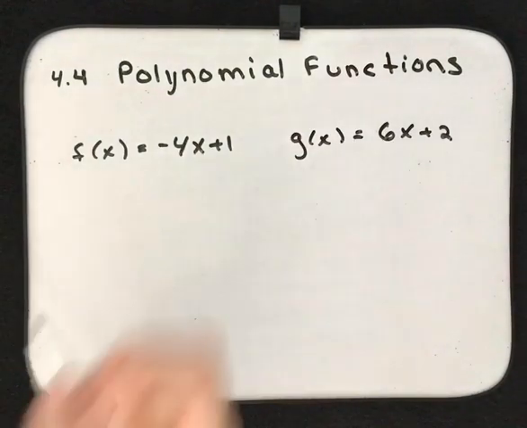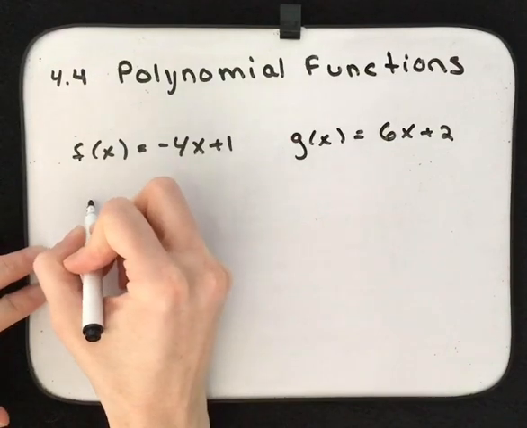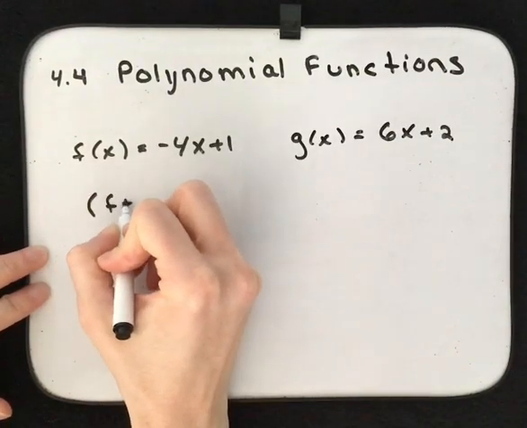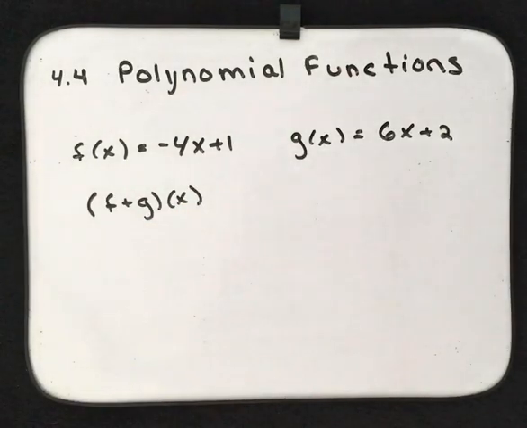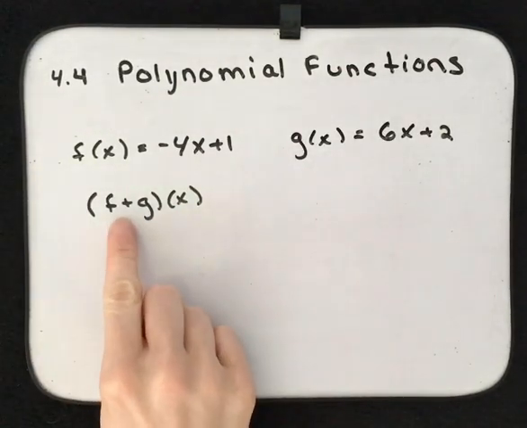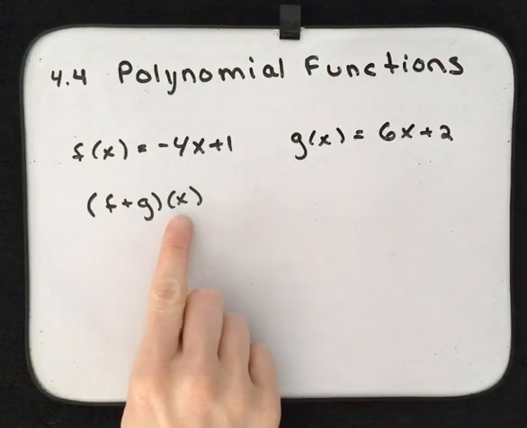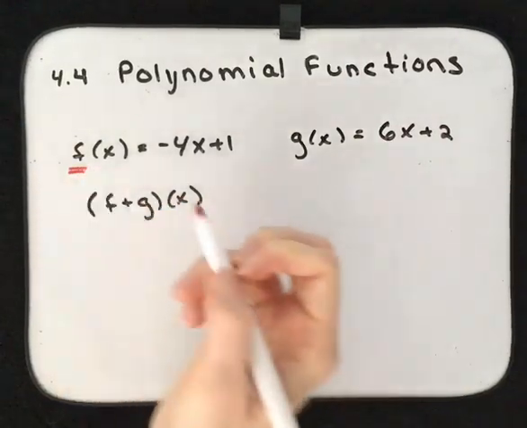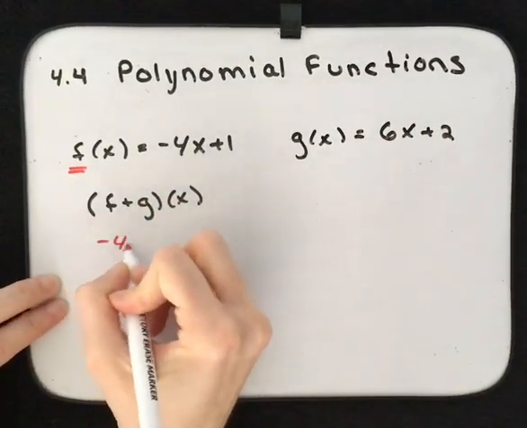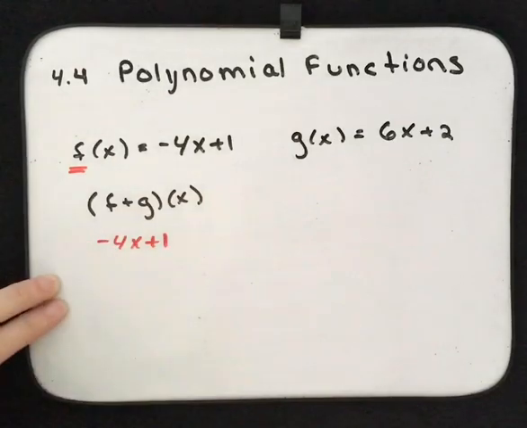refer to them. So if you are asked for the value of f plus g of x, this means that you need to add function f plus function g and leave the variable as x. So that means rewrite what you had from function f, so in this case negative 4x plus 1.